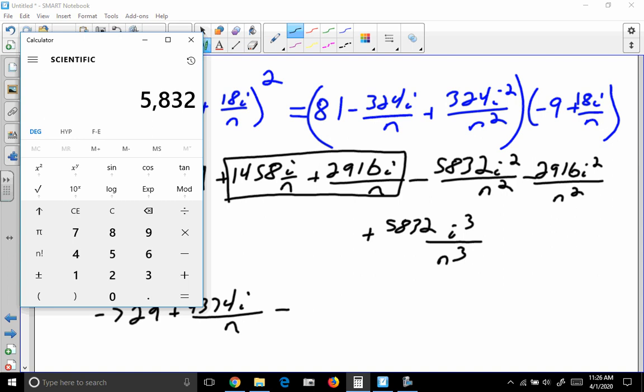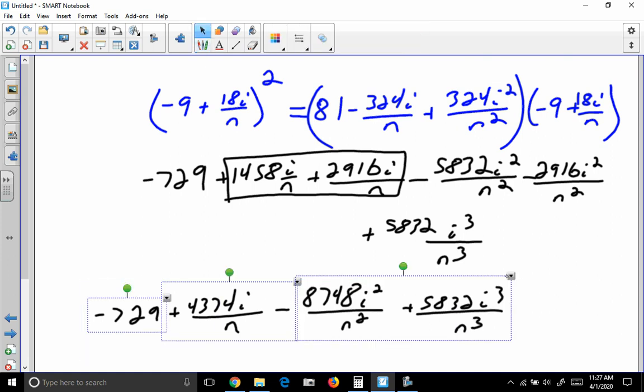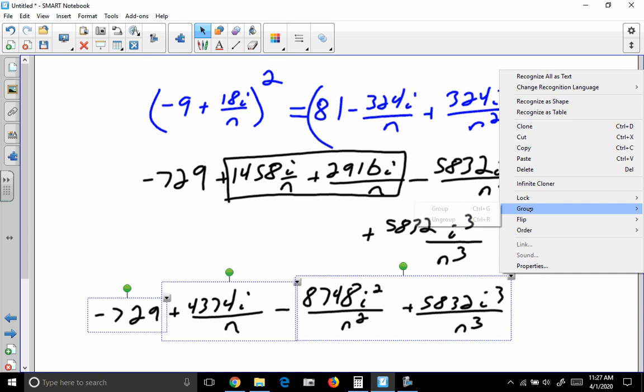Those signs are the same, so we're adding them. 8748. That's i squareds over n squareds. And then 5832. That's i cubes over n cubes. So that's what we get when we cube this.